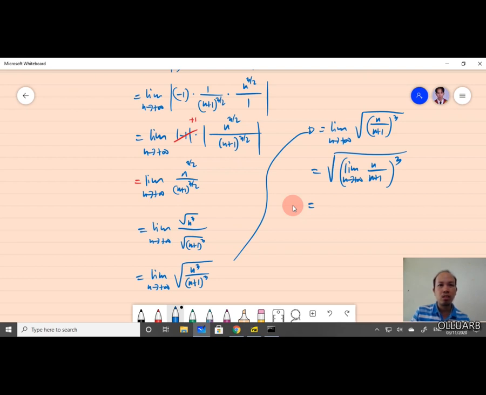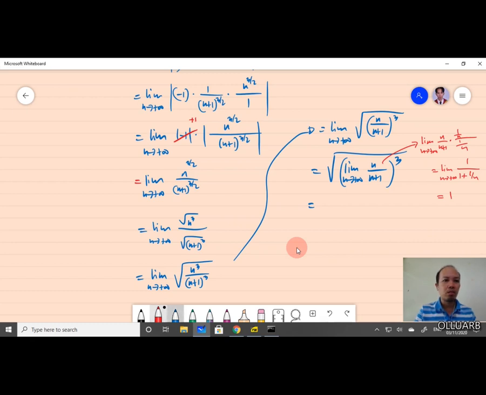Okay, the limit of the radicand, this is very familiar: n over n plus 1 as n approaches positive infinity, which is the limit of 1 over 1 plus 1 over n, and this is 1.